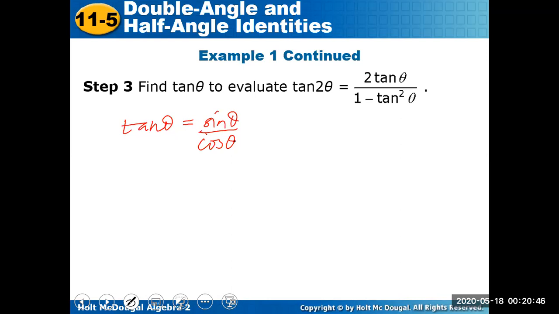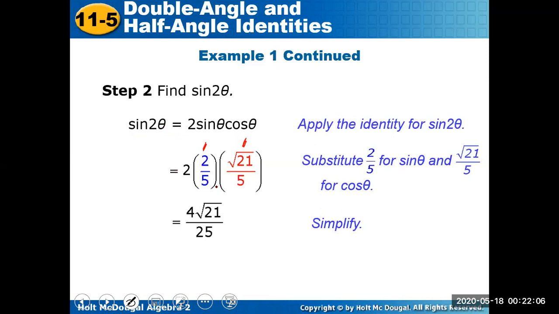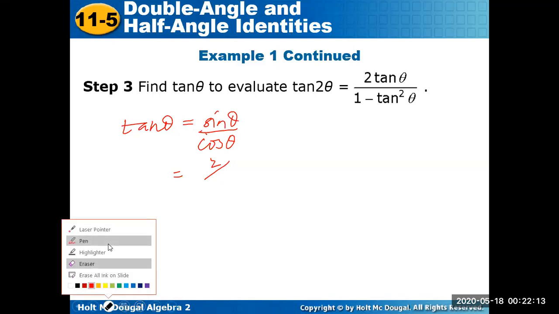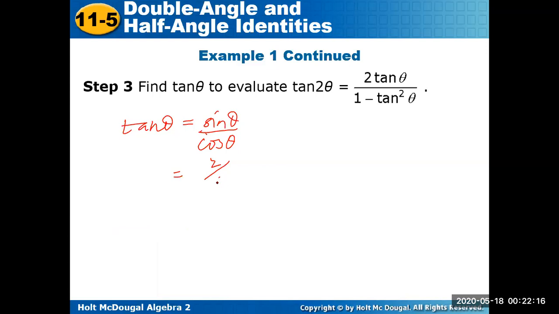The value of sine theta was 2 over 5, and cosine theta is root 21 over 5.